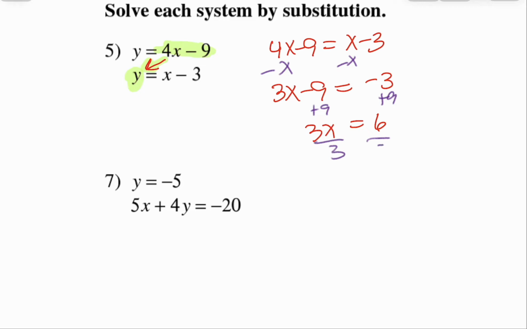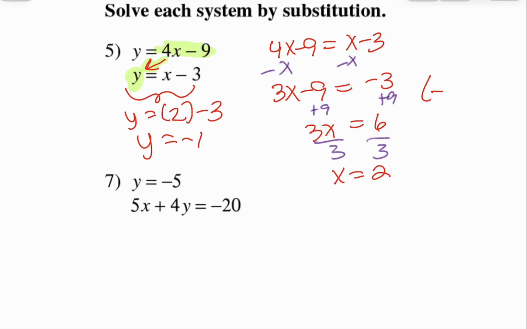And once you divide by 3, you get x equals 2. Now you're not done until you find the y. What's great about substitution is you usually have at least one equation that says y equals the x value we just found minus 3, or negative 1. And then please write your answer as an ordered pair. So the answer is (2, -1).